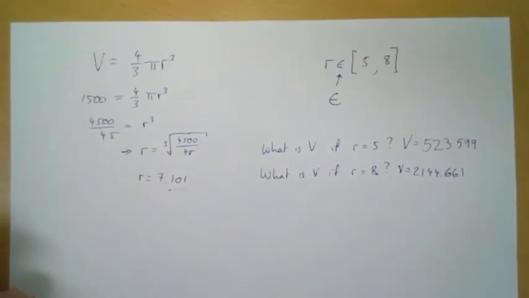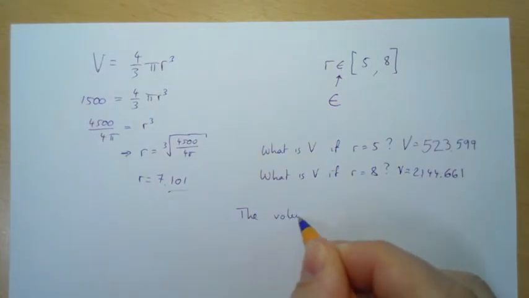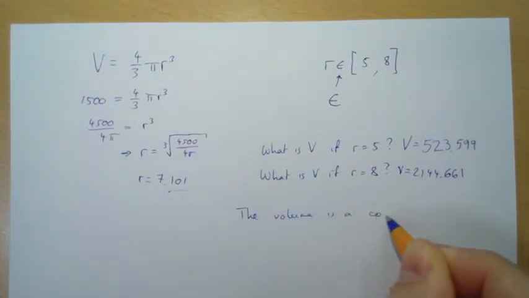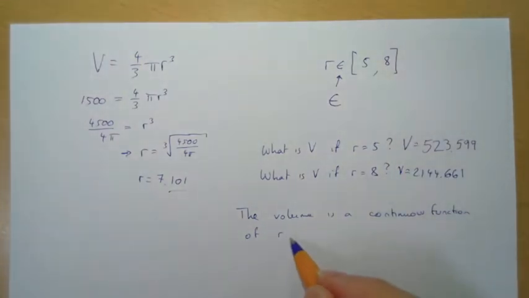So what they wanted us to do is to say that the volume is a continuous function of r. The volume doesn't jump if we change r gradually.